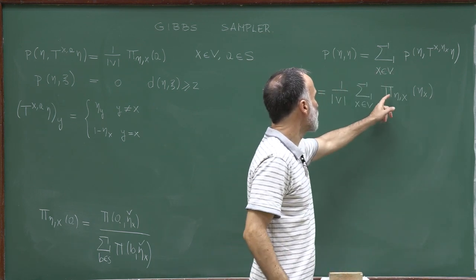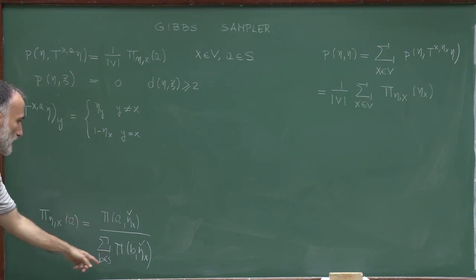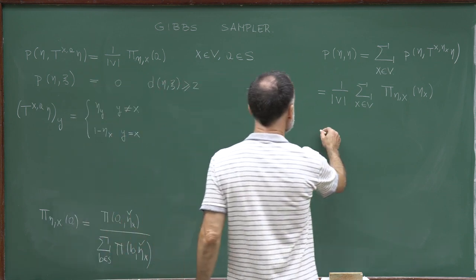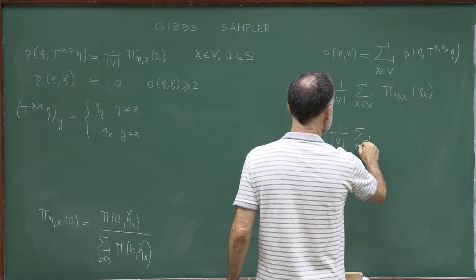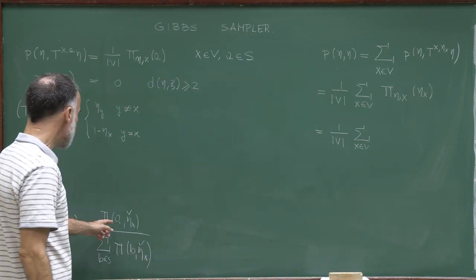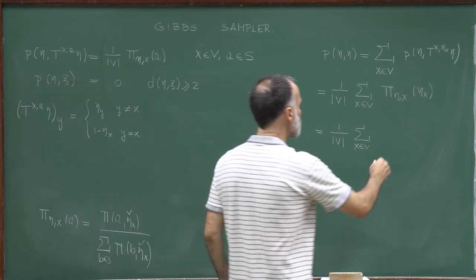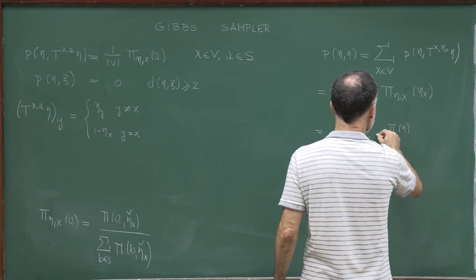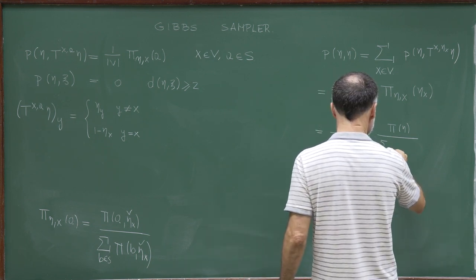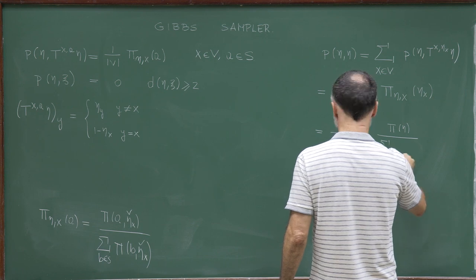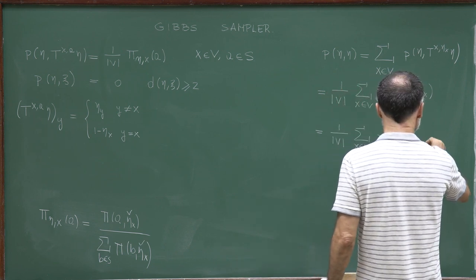And now, if you want to go further, you can just replace p eta x by its value, and you'll get here that this is equal to 1 over |V|, sum over x in V, and that gives you p of A, eta x, so that's p of eta, divided by the sum over B in S of P of B, eta x.